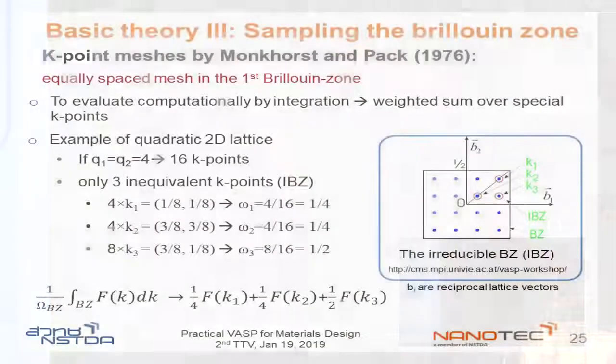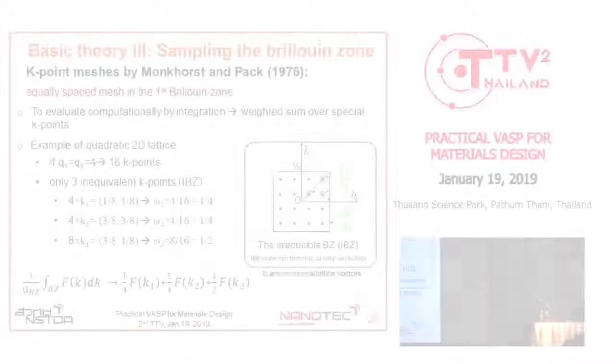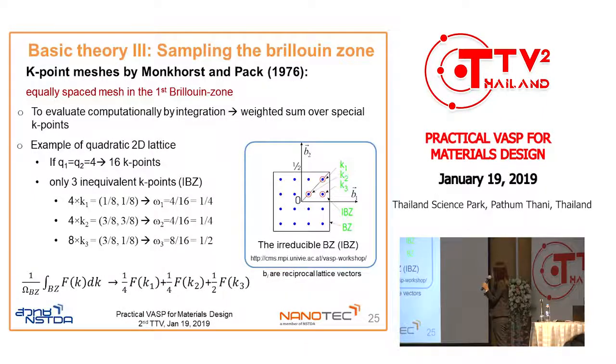Here is a 2D figure of how to sample K points. Actually, VASP will generate the K-point mesh automatically. But it's good to know, for example, that when you choose a K-point mesh of 4 by 4, it will generate 16 K points, 4 points along B1 and 4 points along B2.